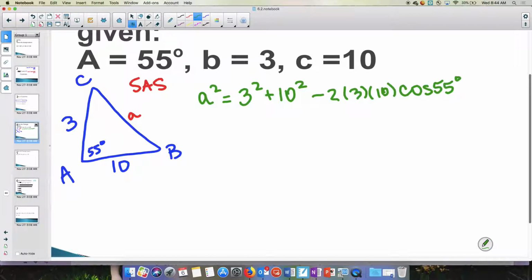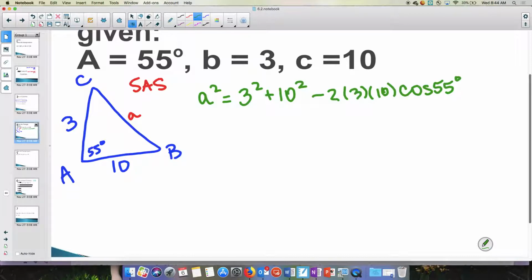Please do not work ahead of me. I want you to be efficient with your calculator. I don't want you to have to hit the equal sign 3 or 4 times for this one side.